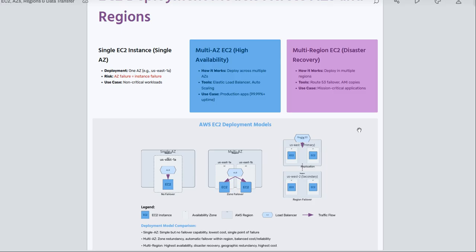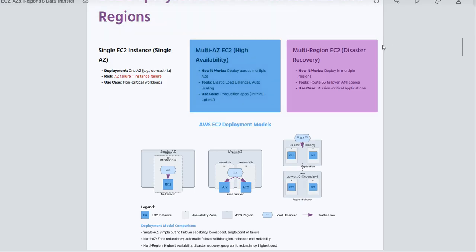Elastic Load Balancer distributes traffic across these instances, and auto scaling scales EC2 instances across multiple availability zones with the demanding loads, right? The use case is production apps, with 99.99 plus uptime.